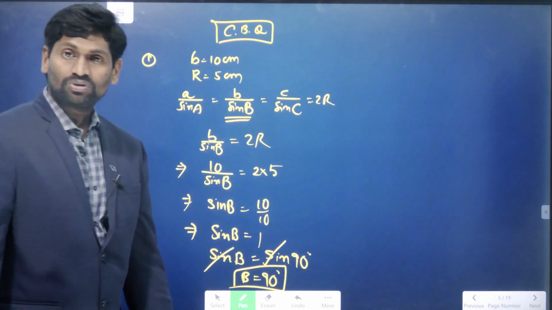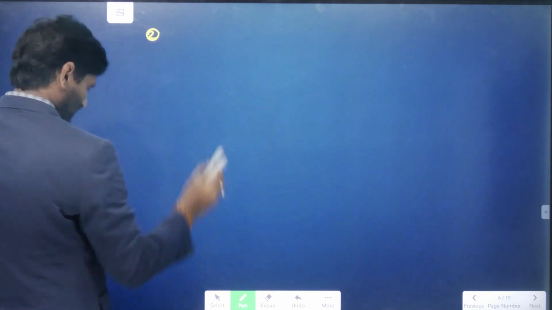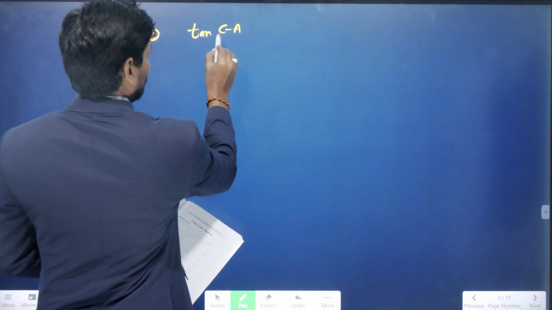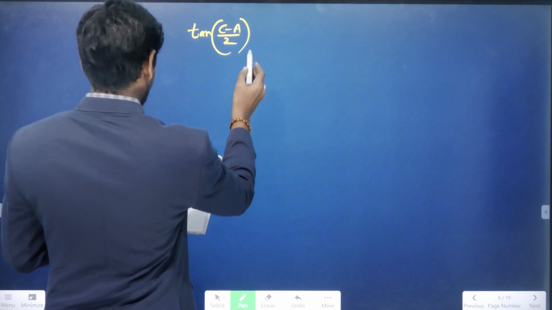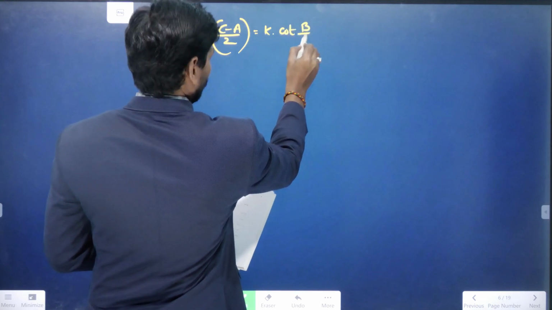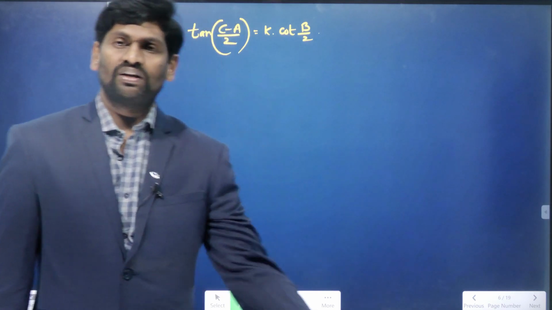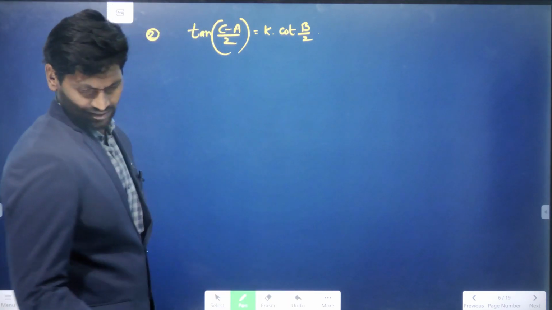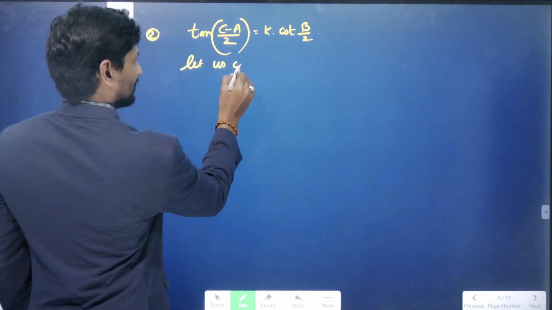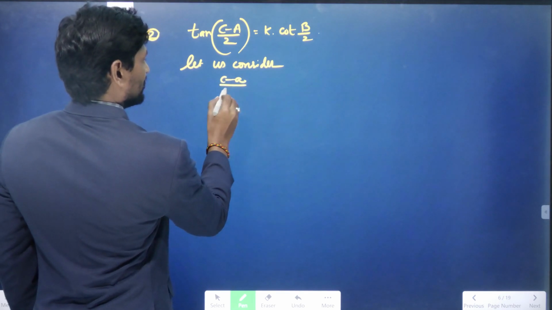Now let us go to the next problem. The second one is given that if tan of (C minus A) by 2 equals K into cot B by 2, then we need to find out the value of K. Now let us consider (c minus a) by (c plus a).